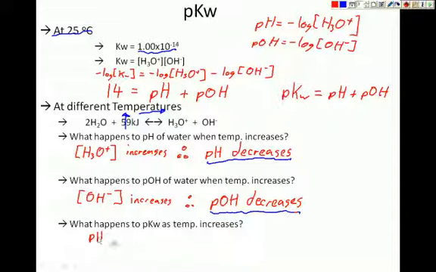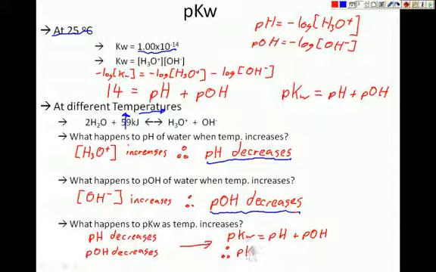If pH is decreasing and pOH is also decreasing, therefore, using this formula, pKw equals pH plus pOH, pKw decreases. So when the temperature is increasing, pKw is going to be decreasing.